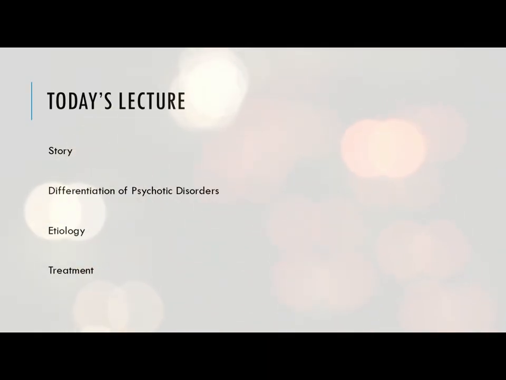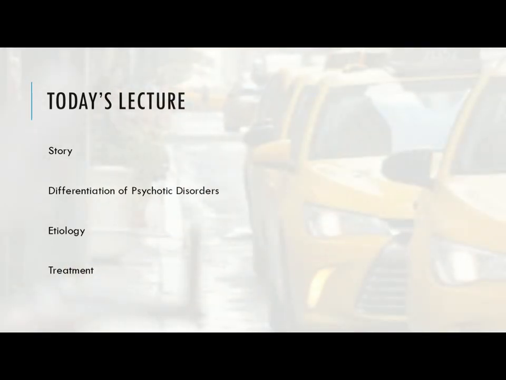These include things like schizoaffective disorder, brief psychotic disorder, delusional disorder, and psychosis induced by substances or medical conditions. So today's lecture will begin by placing these disorders in context with schizophrenia. While they share some core symptoms such as hallucinations and delusions, the duration, the triggers, and accompanying symptoms will often differ.